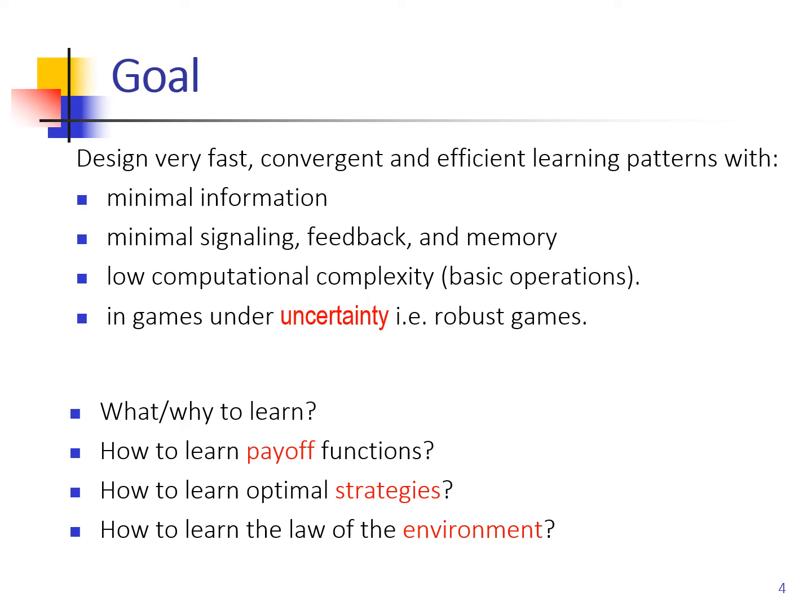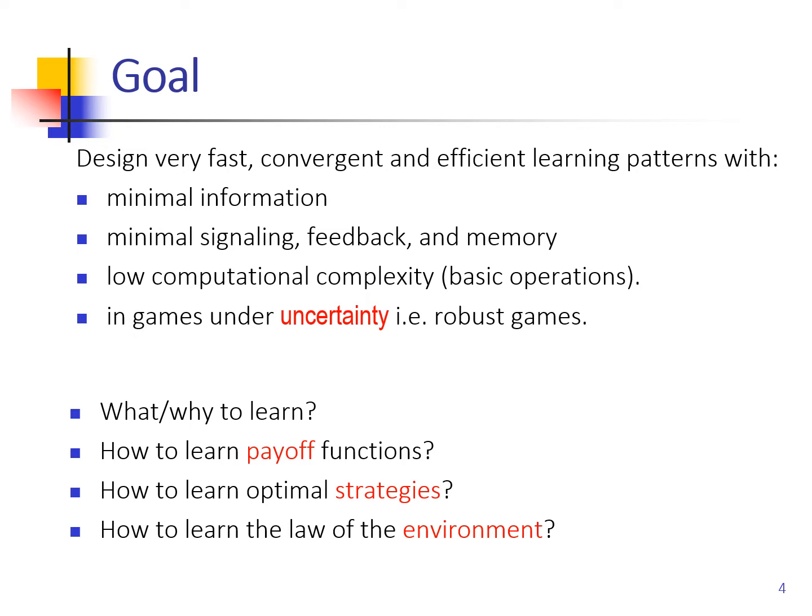We also seek, of course, a low computational complexity algorithm. And maybe more importantly, we are dealing with the notion of uncertainty. Uncertainty is all over the place: uncertainty about other agents, strategies, observations.